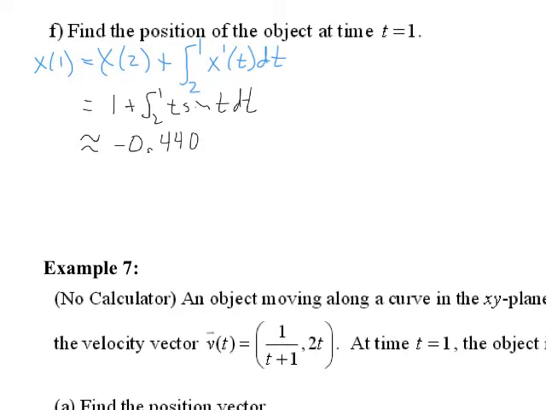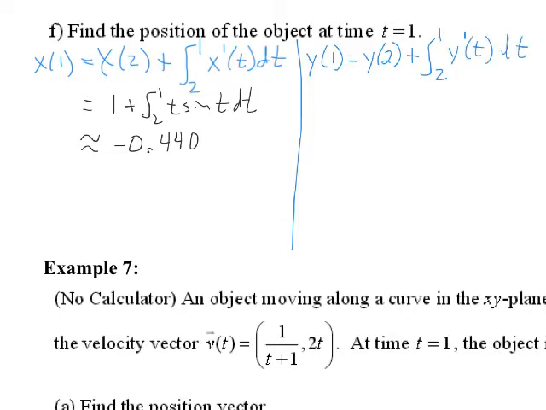We can do a similar approach for the y position. y of time 1 is equal to y of time 2 plus the integral from 2 to 1 of y prime of t dt. And when we evaluate this, we plug in our knowns.